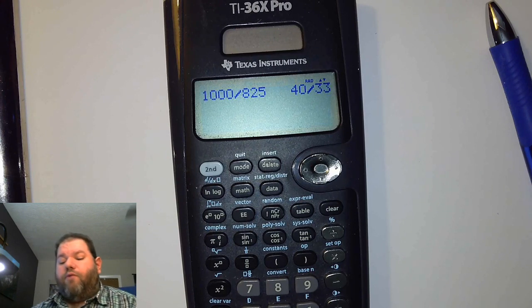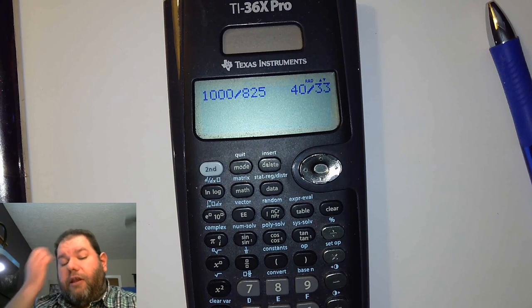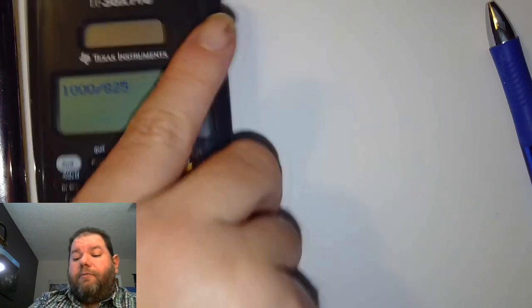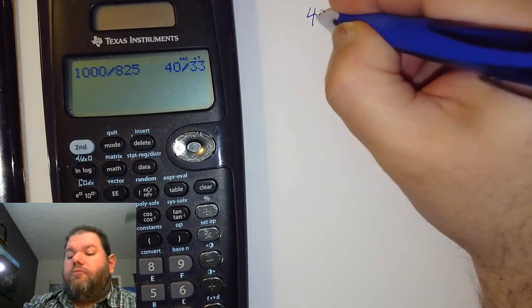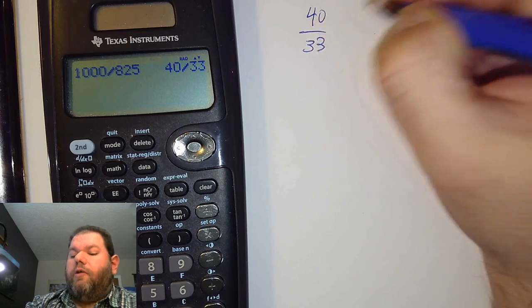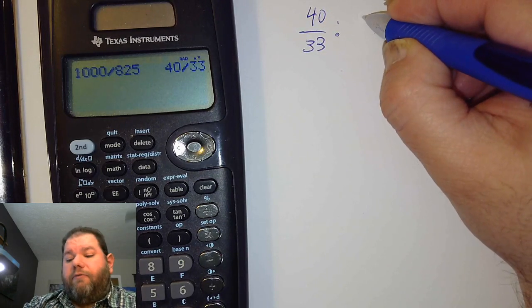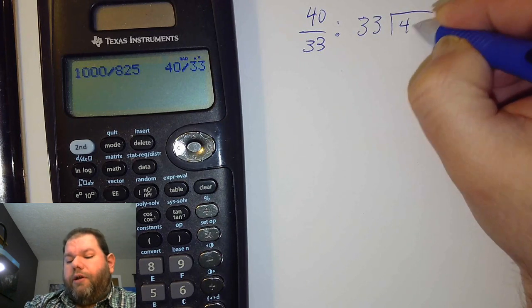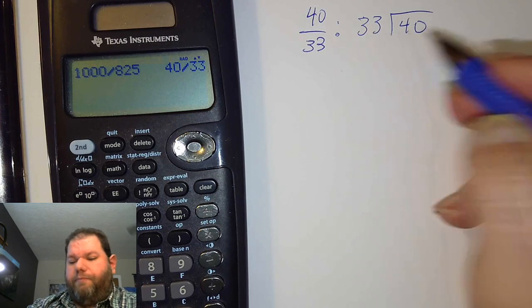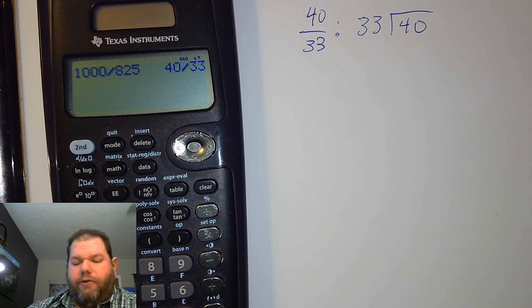So 40 over 33, if we want to make that a mixed number, then the idea is that we want to take 40 and divide by 33. So we think about how many 33s are there in 40, now that it's reduced.